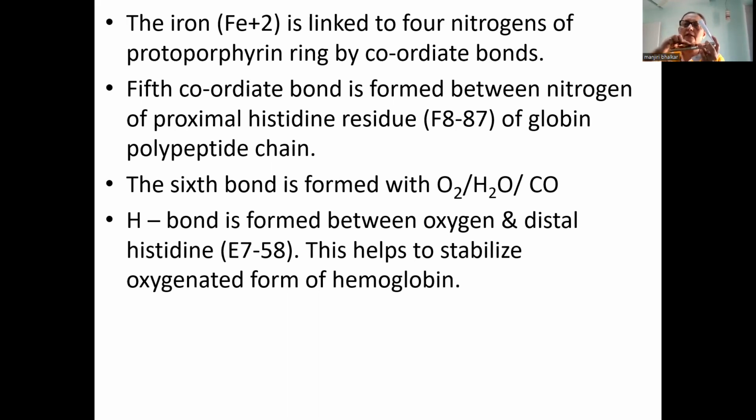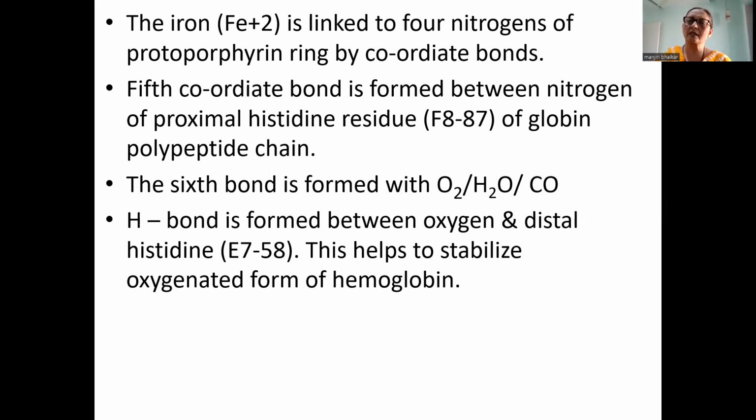So iron, then oxygen, and then you have the distal histidine located. These distal and proximal histidines we also call F8 87, which is the proximal histidine, and E7 58, which is the distal histidine.